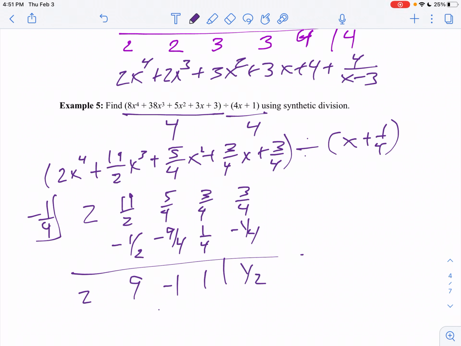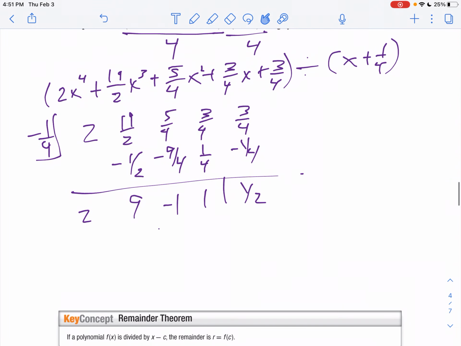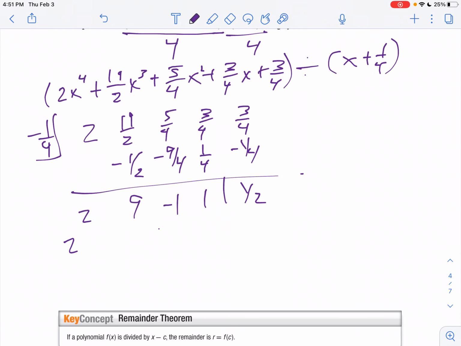That's my remainder. So now I'm going to write my quotient function, and that's going to be a depressed polynomial. This started as 2x to the 4th, so I'm going to say 2x to the 3rd plus 9x squared minus x plus 1 plus 1/2 all over x plus 1/4. Now I don't like this complex fraction for my answer.